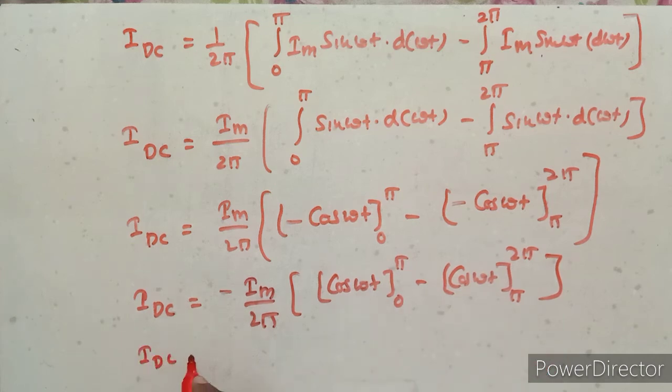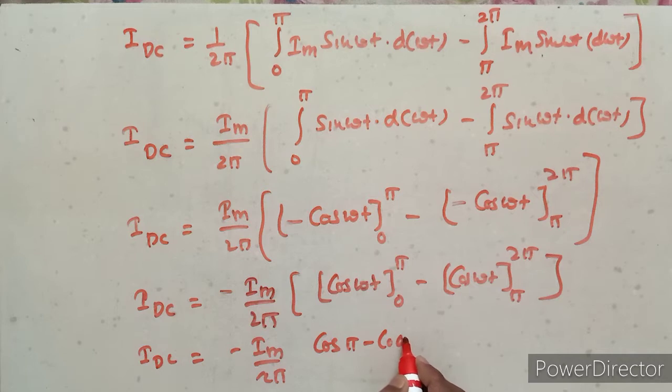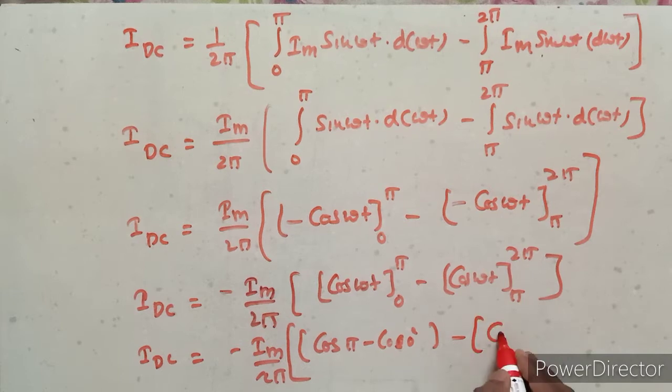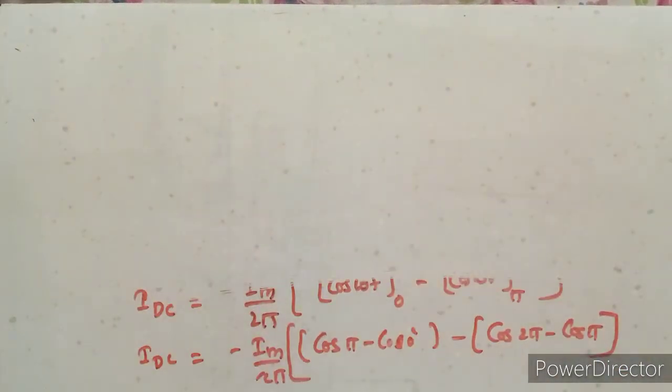The dc current equals minus Im upon 2 pi, cos pi minus cos 0 degrees, minus, cos 2 pi minus cos pi. These values are substituted in this equation.